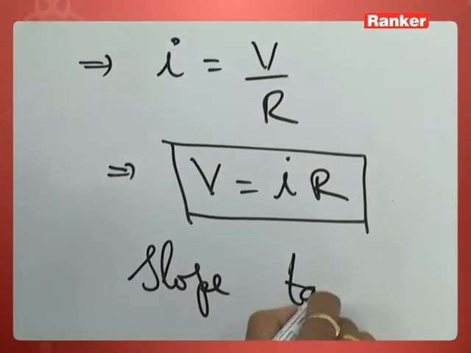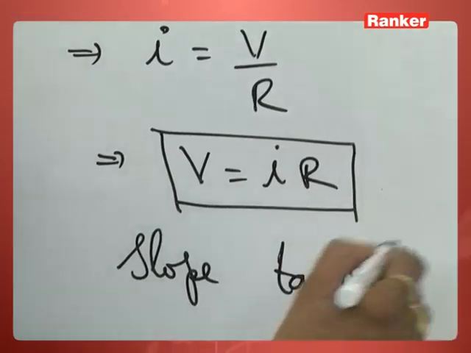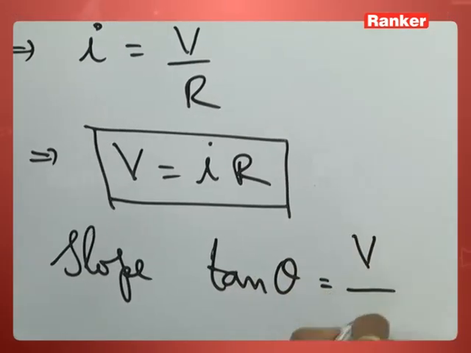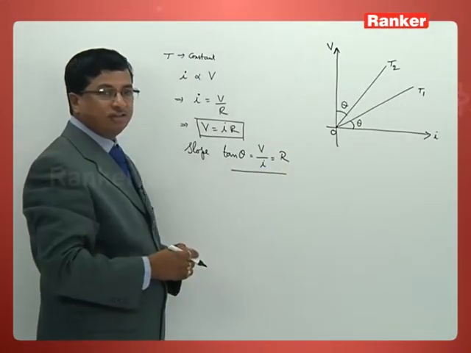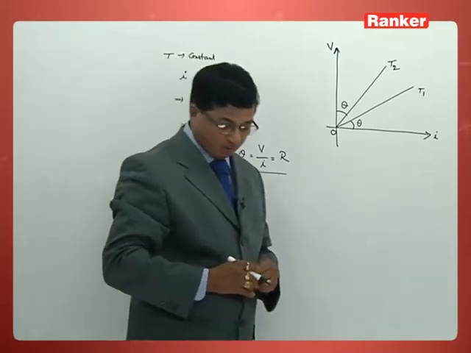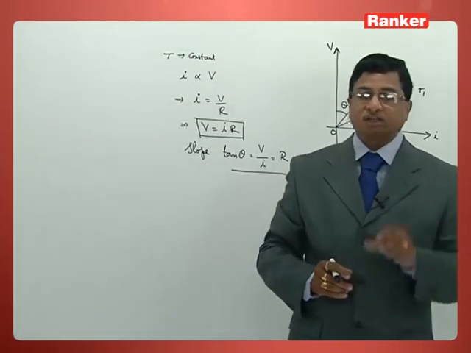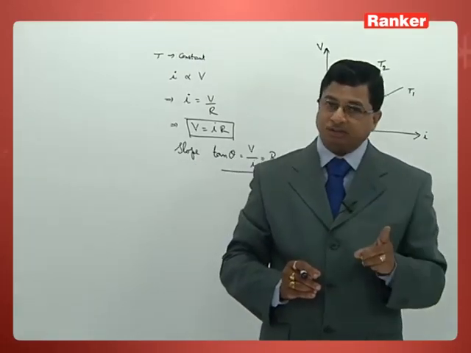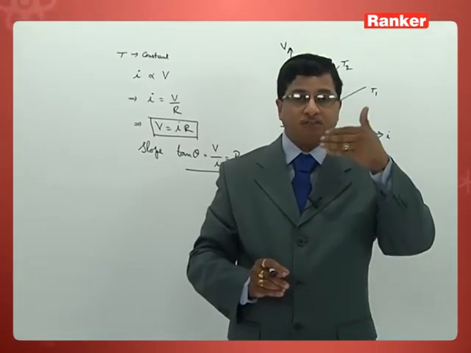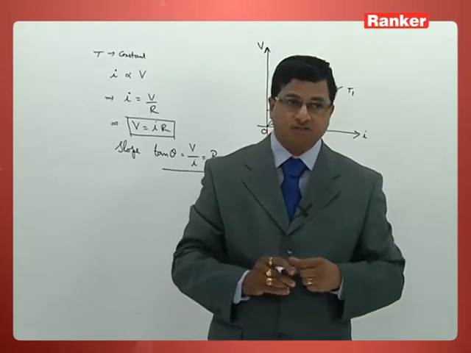Slope is nothing other than tan theta, which gives you voltage by current, that is nothing other than the resistance of the conductor. So I repeat once again, the slope of the VI graph always provides us the concept of resistance of that conductor.